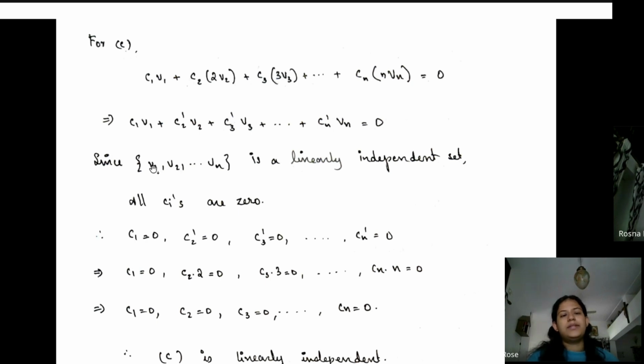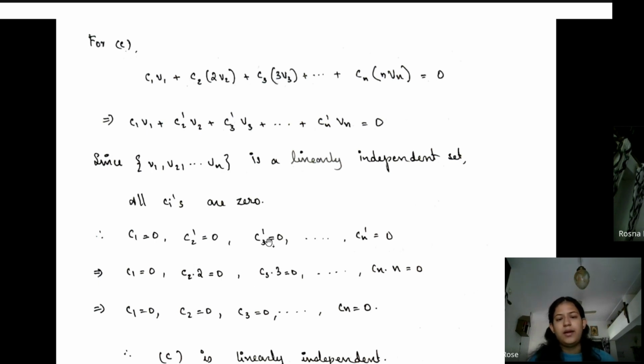But we know that the collection of vectors v1 up to vn is a linearly independent set, which means that if you write all the vectors in this form, then all of the coefficients here should be 0. So every one of these should be 0. So c1 equal to 0, c2 dash equal to 0, and so on, which means that c2 dash, which is nothing but c2 times 2, equal to 0 implies that c2 equal to 0.